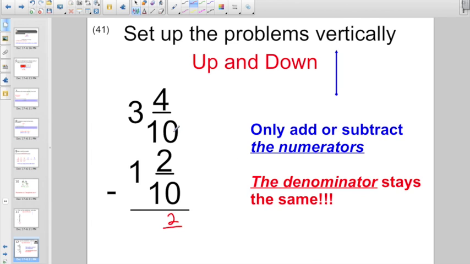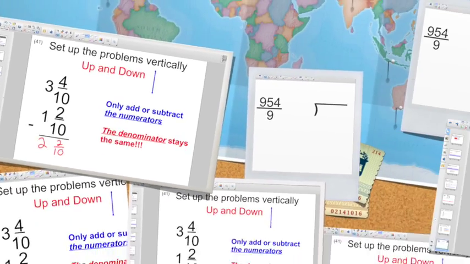If the first fraction is tenths and the second fraction is tenths, guess what? This is going to stay tenths. Don't forget now to do your whole number side. 3 minus 1, that's 2. They're incredibly easy, but very easy to make a silly mistake.